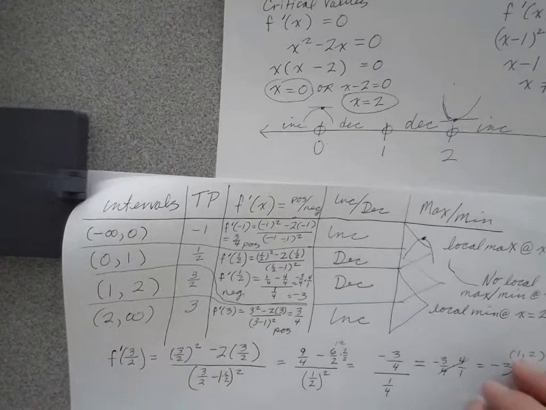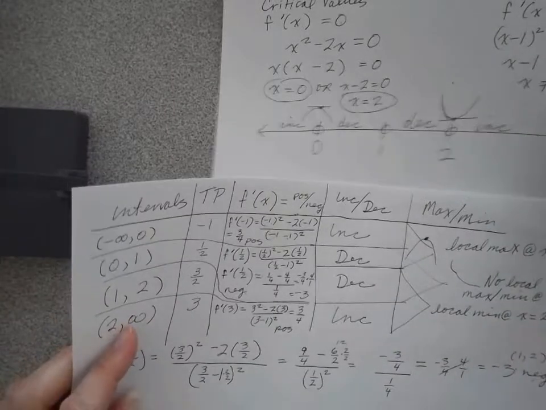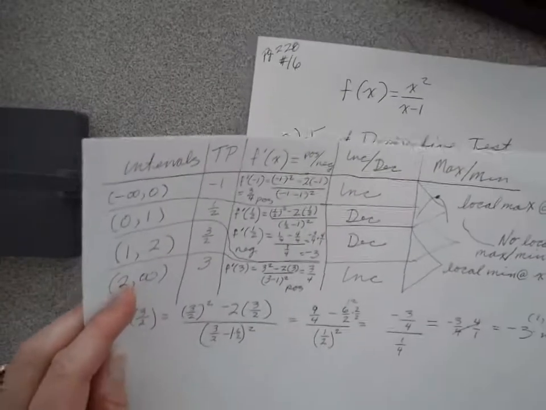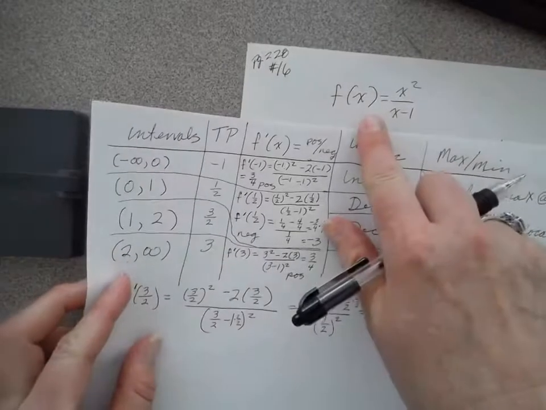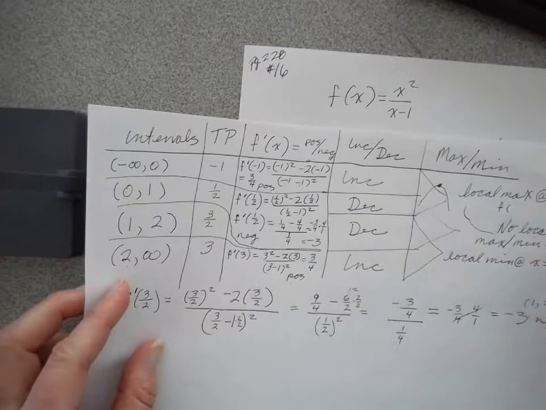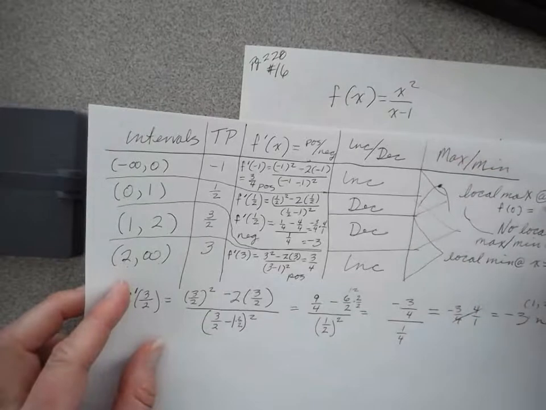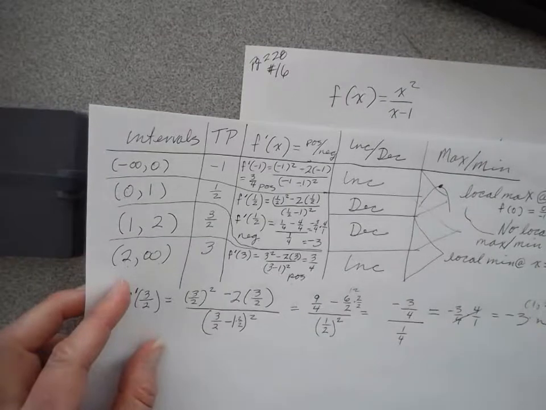Okay, so we can find the local max and local min values by plugging back into your original function. So f of 0 equals 0 over negative 1, which is 0. So (0, 0) is the point that's at that local max.